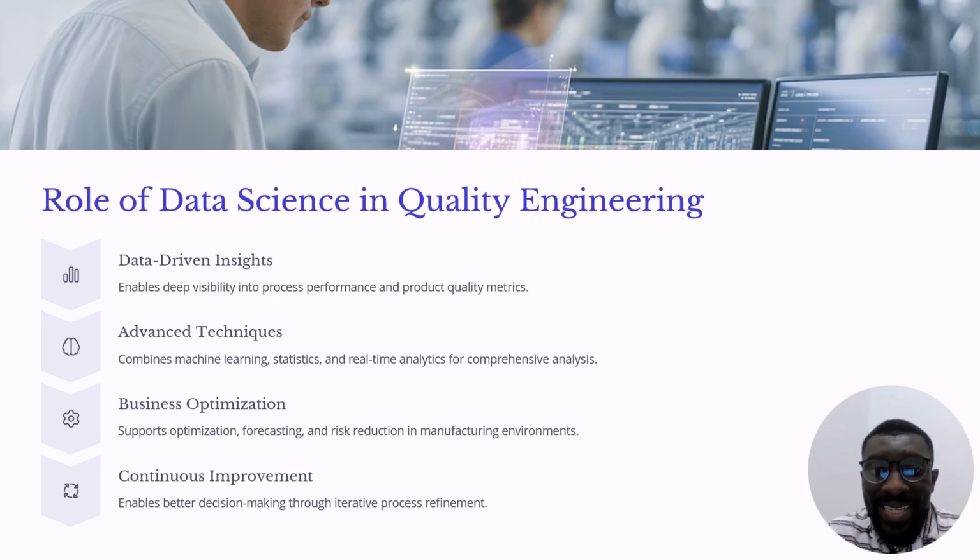So the role of data science in quality engineering is basically summarized into data-driven insight, which enables deep visibility into process performance and product quality metrics; advanced techniques, which combine machine learning, statistics, and real-time analytics for comprehensive analysis; and business optimization, that supports optimization, forecasting, and risk reduction in manufacturing environments.